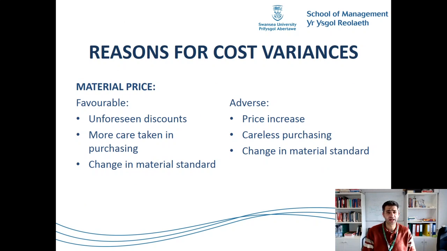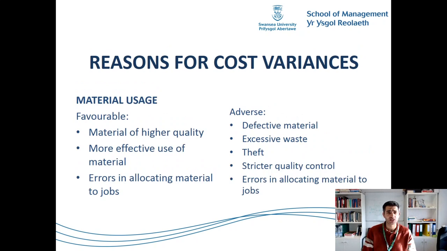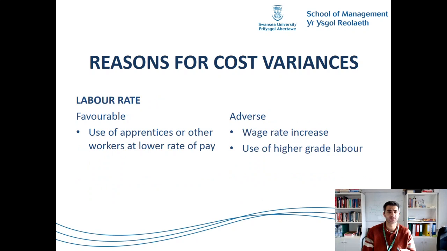These are the reasons for variances which we covered last week. So including the material variance, if it's favorable or adverse, what reasons could you suggest? Again, for material usage variance, we covered it last week. If it's favorable or adverse, what could be the possible suggestions for it?